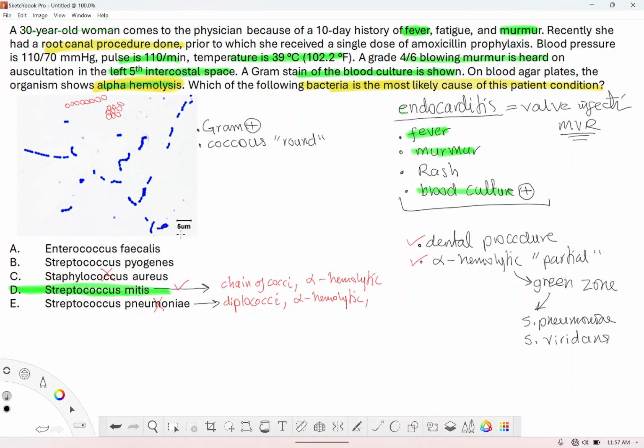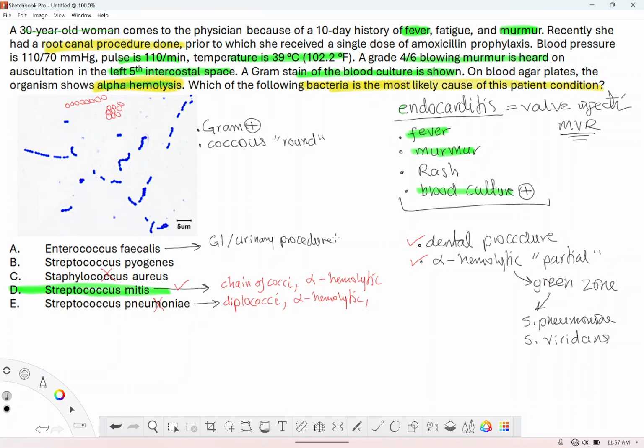explain the other ones. Enterococcus faecalis is also streptococci in chains, and usually the risk factor is like GI procedure or urinary procedure. So that'll be the major risk factor for them.